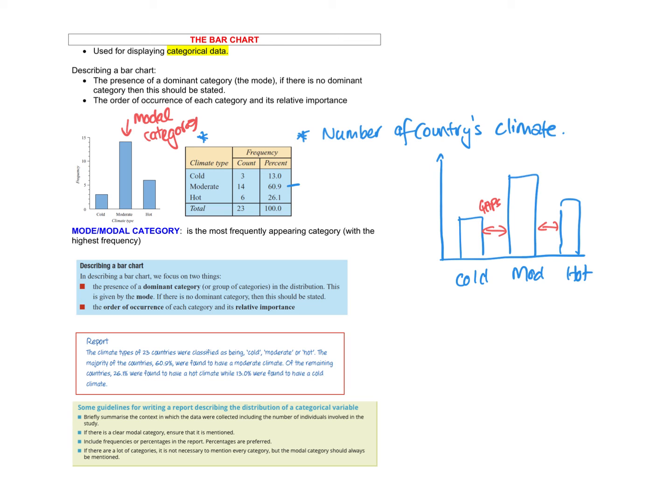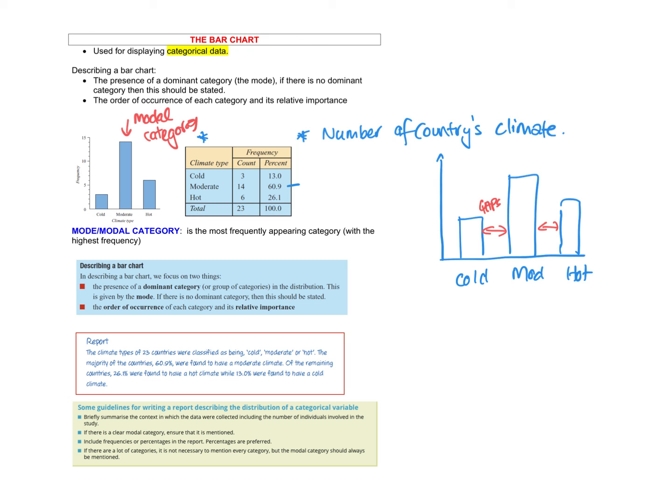If I was describing this, I'd say, looking at the bar chart, the modal category was moderate climate with, I'd say, 60.9% of the countries. Then came the hot climate with 26% and the lowest being the cold climate on 13%.